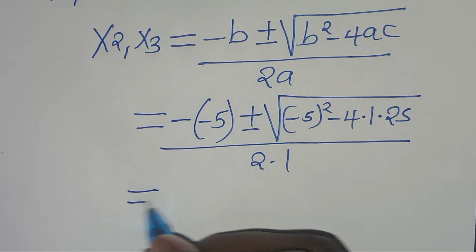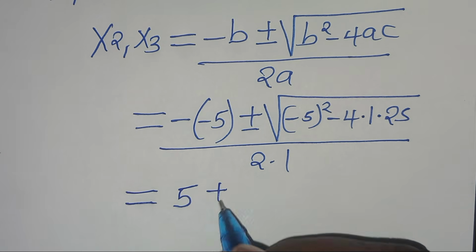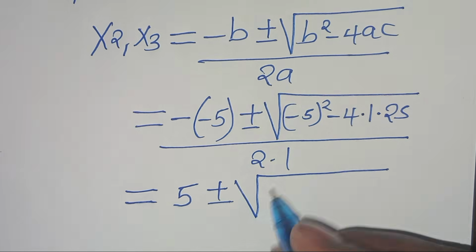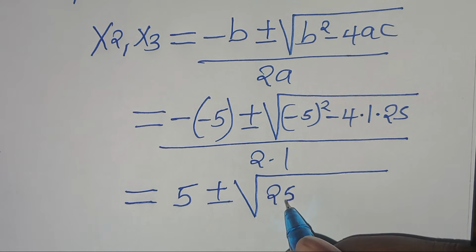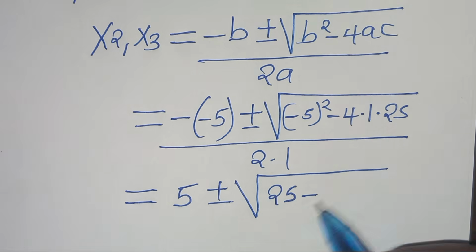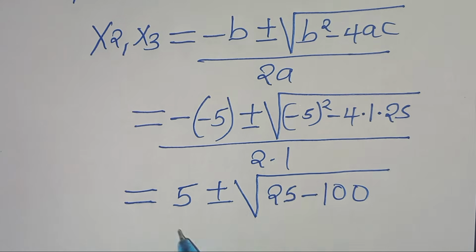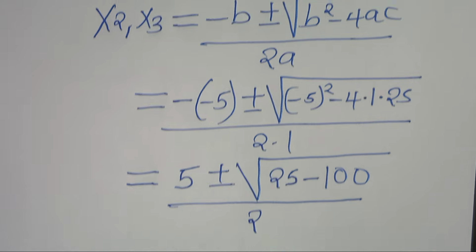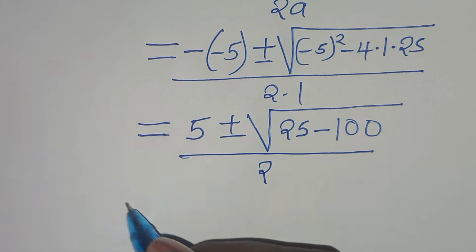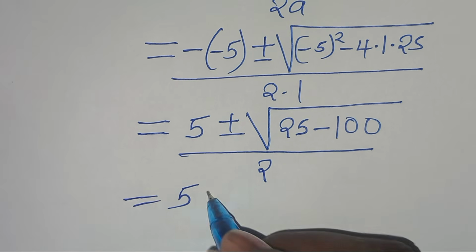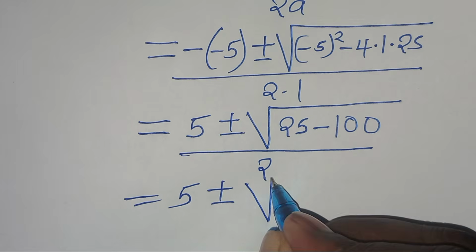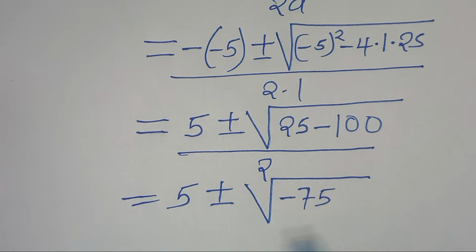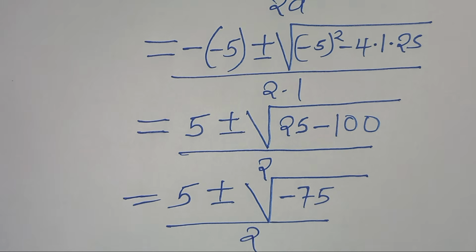So minus times minus 5 is 5, plus or minus the square root of minus 5 squared, this is 25, subtract 4 times 25, this is 100. So we have 25 minus 100 divided by 2. So this is 5 plus or minus the square root of 25 minus 100, this is minus 75, divided by 2.